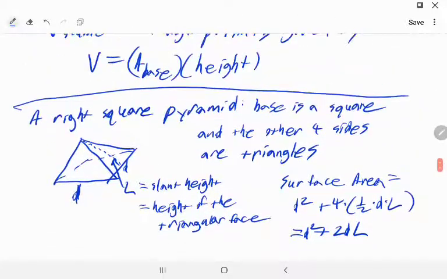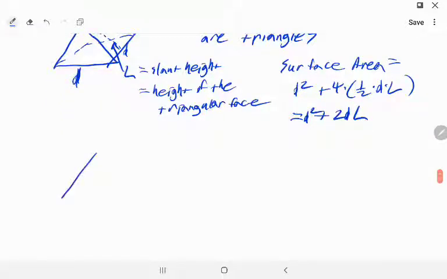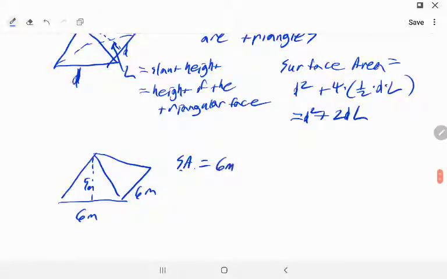So if we were going to look at a specific example, if we had a pyramid and we knew the base was 6 meters by 6 meters, and we know the slant height is 5 meters, the surface area is going to equal 6 meters squared plus 4 times 1/2 times 6 meters times 5 meters.